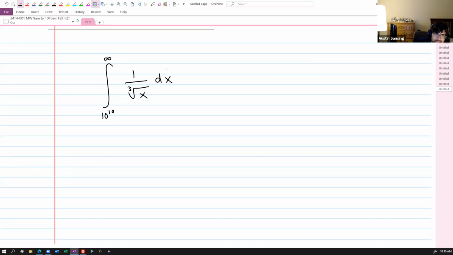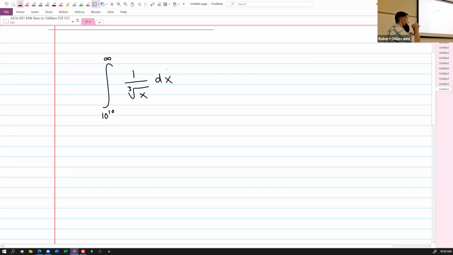The integral from 10 raised to the 10 to infinity of 1 over the cube root of x. So I didn't say 1 to infinity, did I? I didn't say 1 to infinity. So think about it this way.